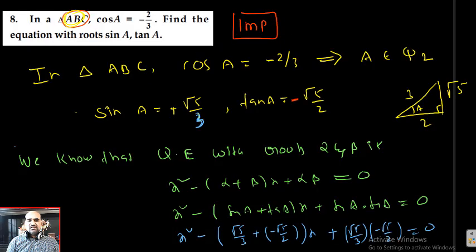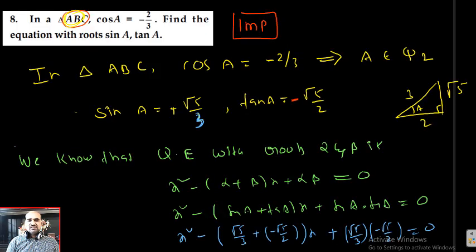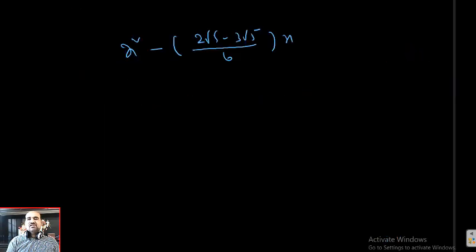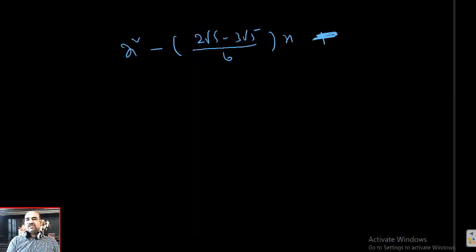Okay, so what happened? x square minus, here LCM is 6, 2 root 5 minus 3 root 5, I want to cross check. Plus, minus into plus is minus 5 by 6, equal to 0.